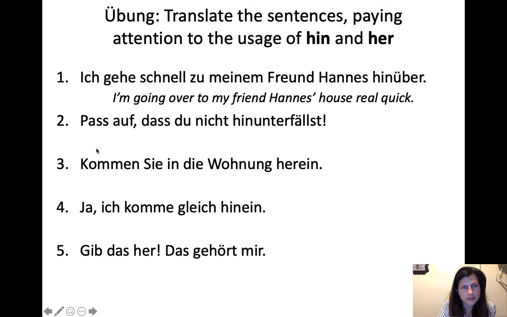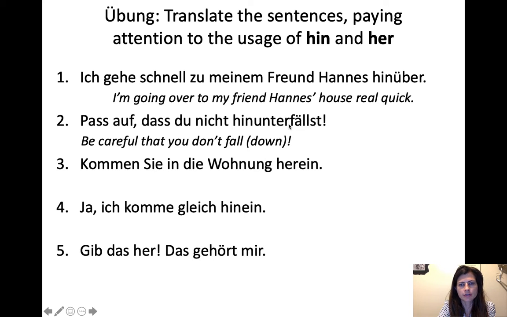And then, pass auf, dass du nicht hinunterfällst. Be careful that you don't fall down. So unter would be down. And then falling already implies down, right? So you could say, be careful that you don't fall, or that you don't fall down. And then hin here is saying, like, both of the people are at the top, say like rock climbing, and the person says, pass auf, dass du nicht hinunterfällst, meaning be careful that you don't fall.